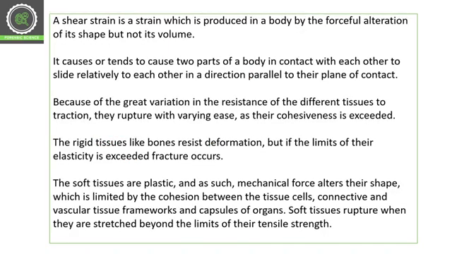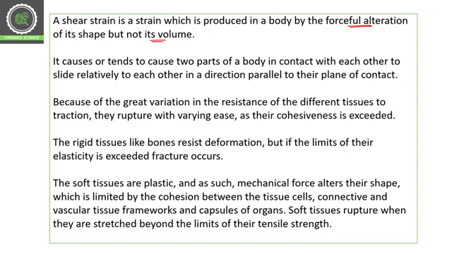Okay, a shear strain is a strain which is produced in a body by forceful alteration of its shape, not its volume. It is produced in the body by the forceful alteration.